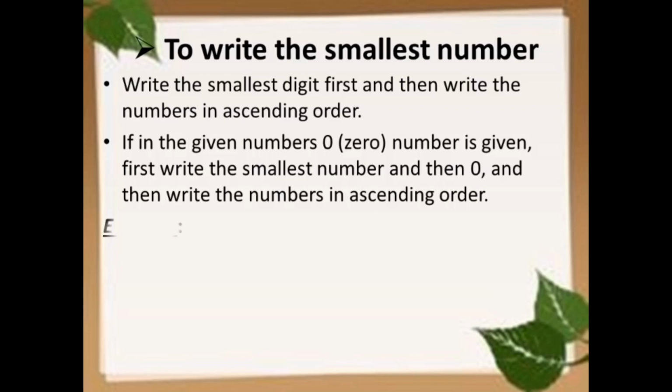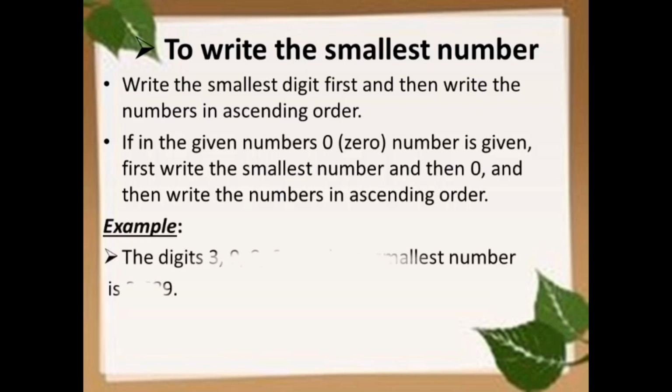For example, in first example you can see the digits 3, 9, 8, 6 are given. So to form the smallest number, you will write these digits in ascending order, and on writing it in ascending order, you will get your answer as 3689.